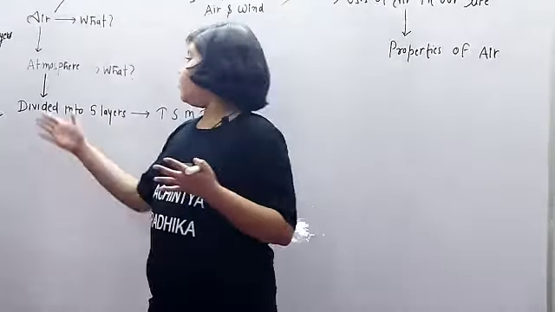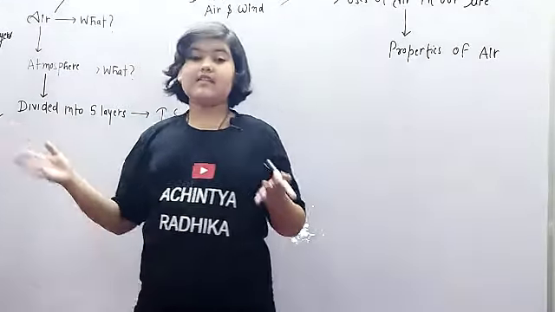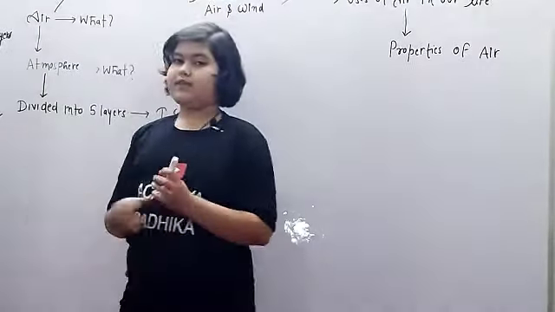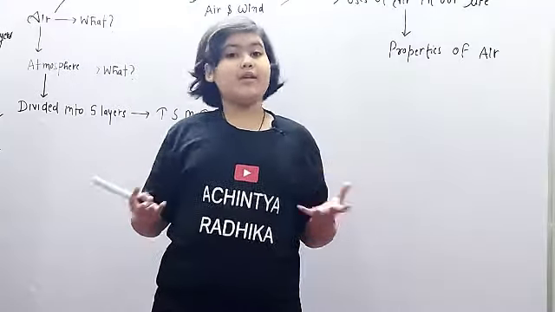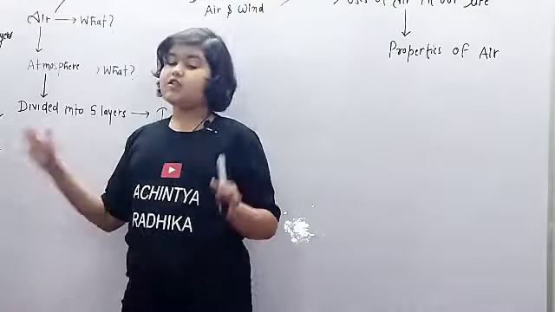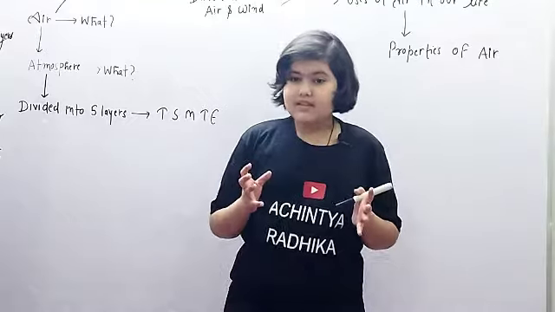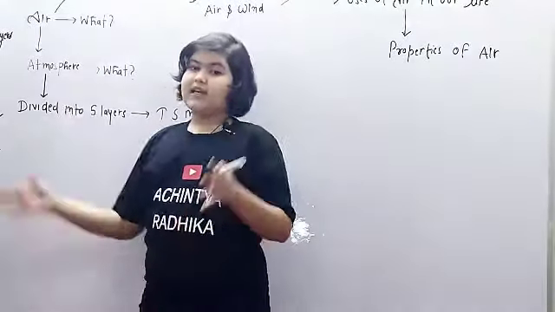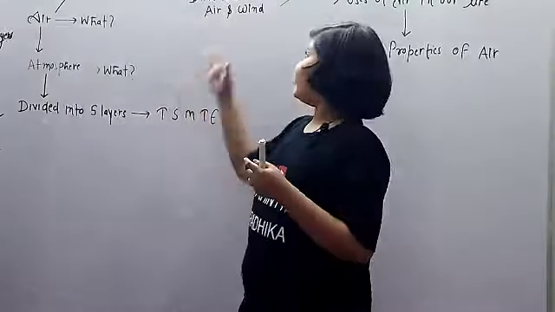Then we'll learn about air and wind, and we'll see what is the difference between air and wind. Then we'll see the uses of air, how air is useful in our life. Then at last the properties of air. So we'll learn all these topics in this chapter, Air Around Us.